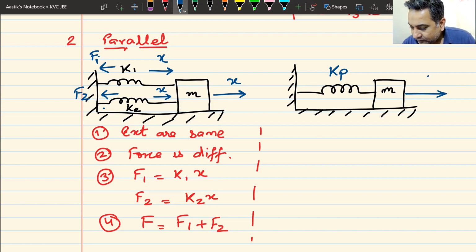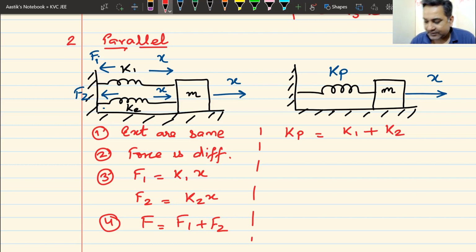I have moved this block by x. The spring also moves by x. How do I get the value of Kp? Remember, Kp, the parallel combination, is equal to K1 plus K2. So I just add K1 and K2 and I get the value of Kp.